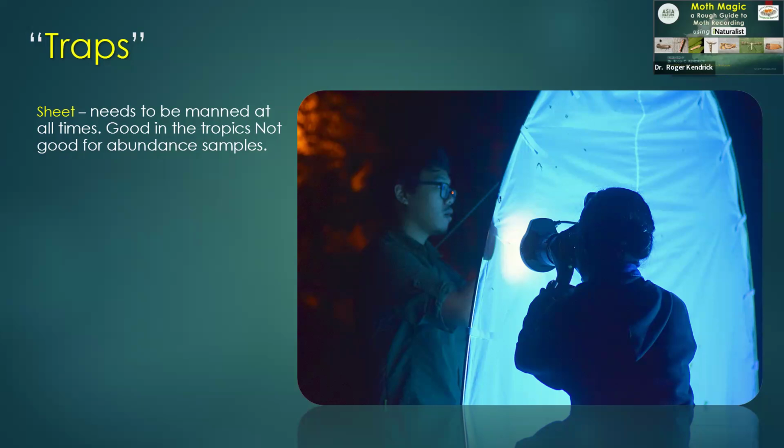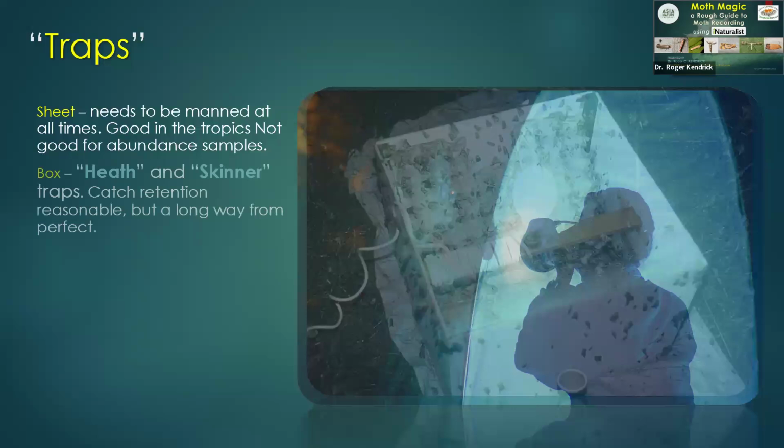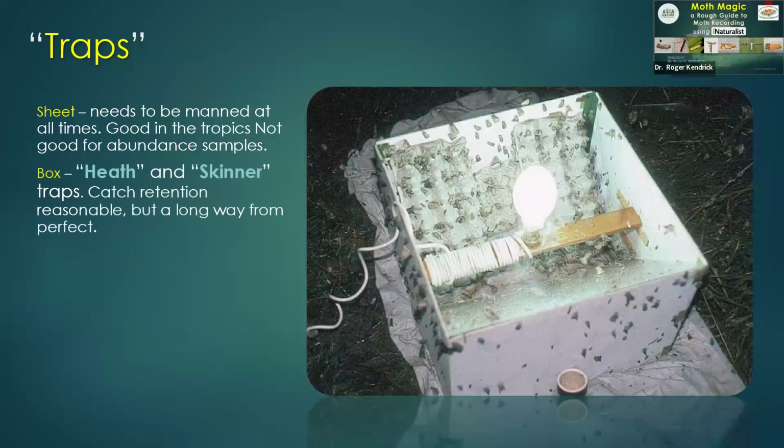It's good in the tropics because light sources bring in not just moths, but big beetles and all sorts of other things: praying mantis, for example, snakes, frogs, you name it, they come, bats even. And if you have a trap, getting any of those other taxa involved can be rather detrimental to your survey. So alternatively, box-style traps or bucket-style traps can be used in combination with your light.